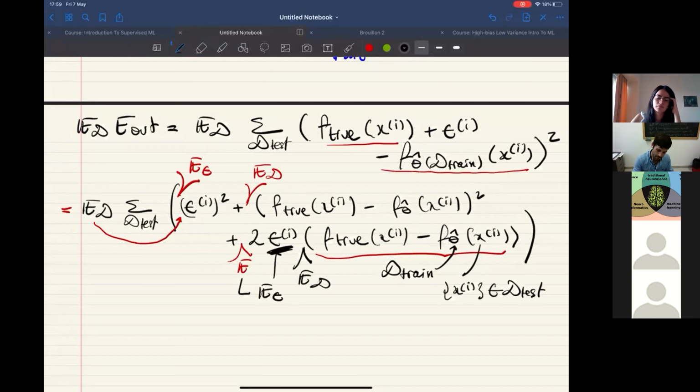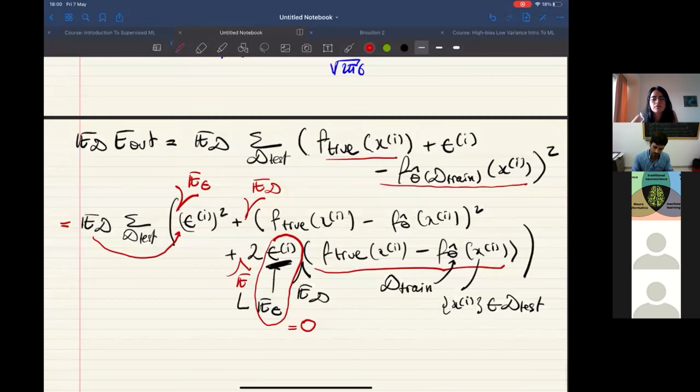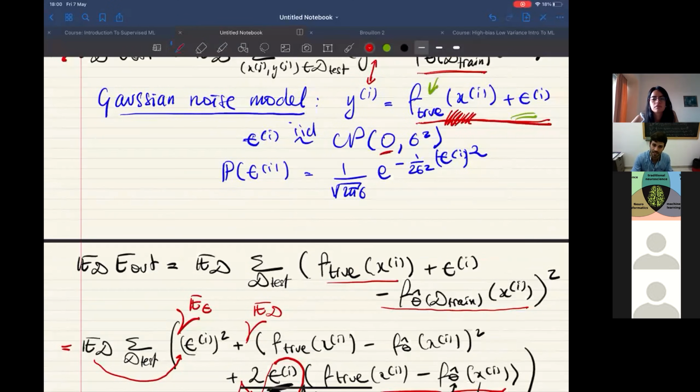But the expectation of this noise gives 0, because the noise is a centered random variable. We assumed that it had 0 mean.